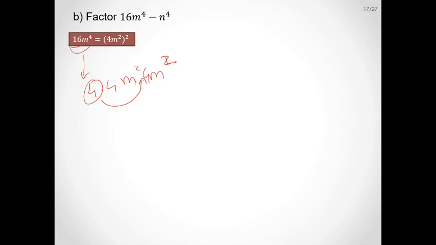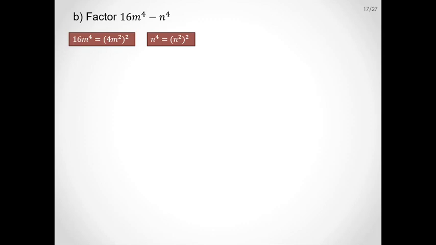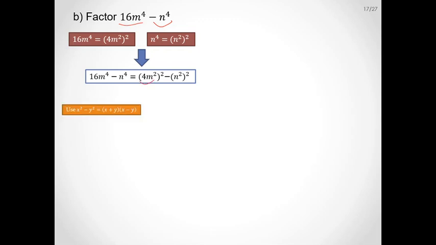So we bring 4 to here, and it will be 4m squared, a square of a monomial. And n to the fourth is also the square of n squared. So now we can write these monomials as perfect squares, and we have a difference, so we can use the factoring formula for the difference of squares.